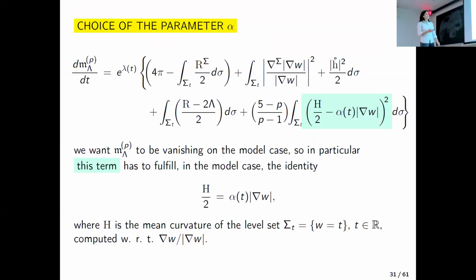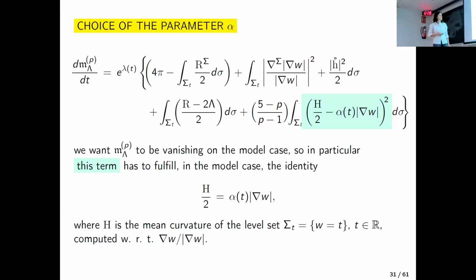Now if you take our monotone quantities and take the derivative of them, we can prove that it is always non-negative. But if you want some hope to characterize your model space, first you want this to be 0 on your model space, and in particular you want this term to be 0. So how do we select alpha?